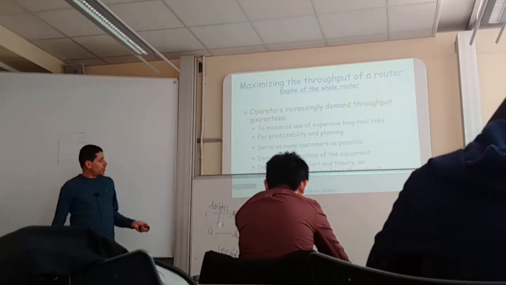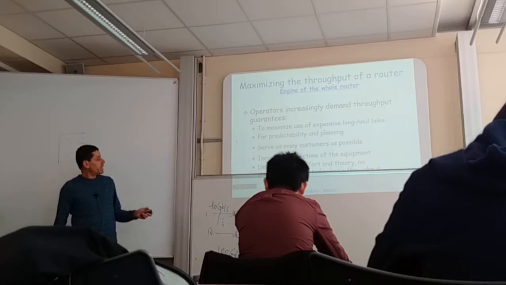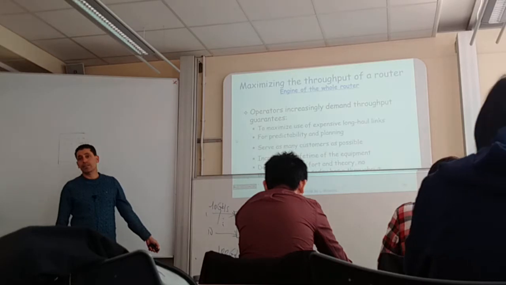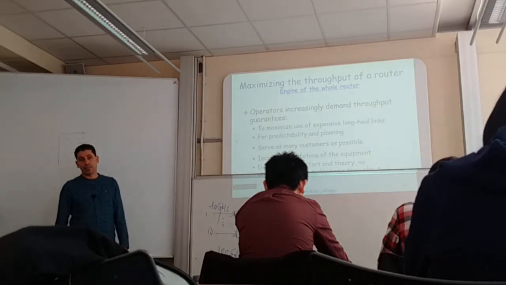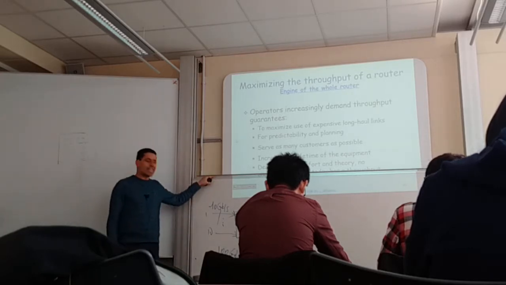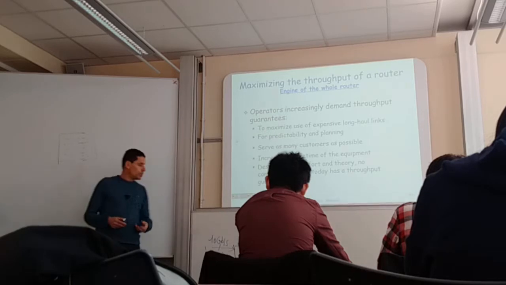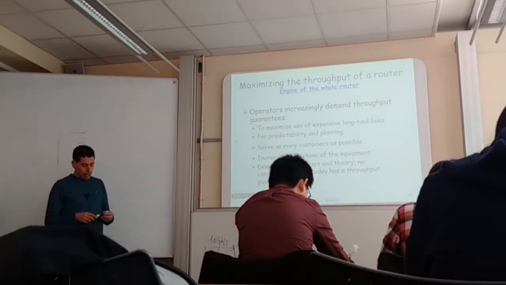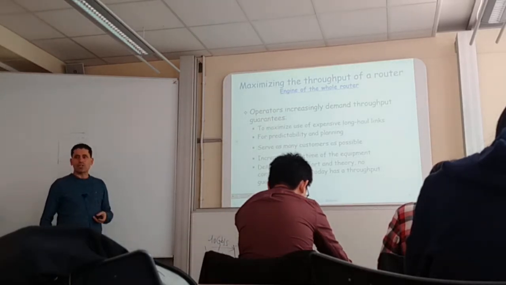So this router, in order to guarantee throughput for you, would deliver 100%, 100 gigabits per second, aggregate throughput. It's called aggregate, the total capacity of the router. But in most cases, that is not the case. In most commercial products, it will deliver to you somewhere around 90% if you're lucky.